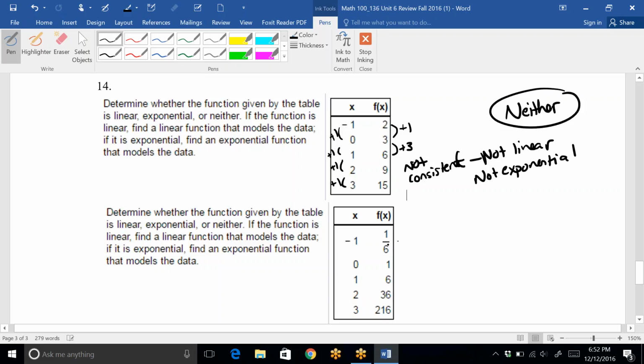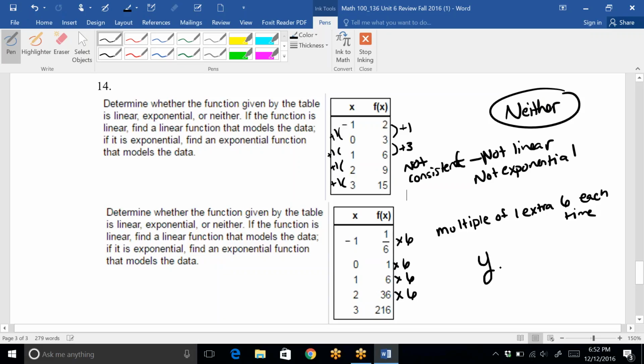This one, notice it's hard to tell from the first one. All of these are still going up by 1, but this is times 6 to get to 1, and you times by 6 to get to 6, and you times by 6 to get to 36, and you times by 6 to get to this. So notice it has a multiple of 6 each time.